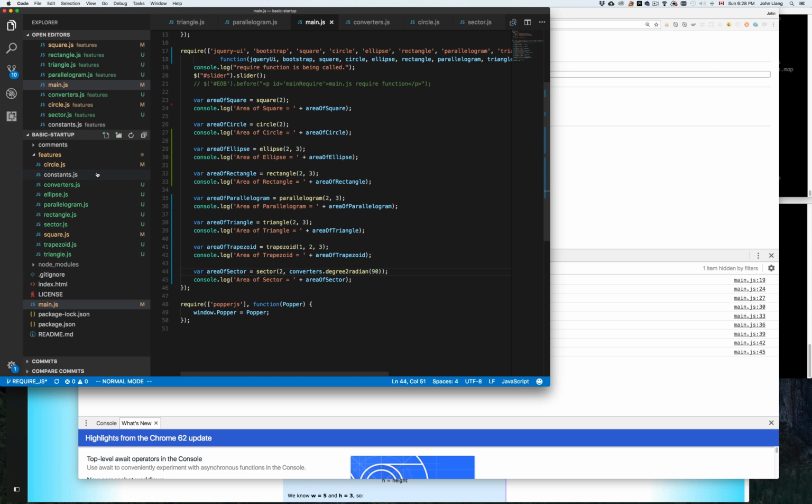Now our code is much cleaner in terms of readability and maintainability, and in terms of changing the functionality and so on and so forth, it is much easier and cleaner.